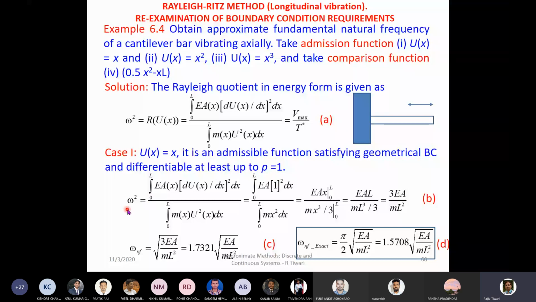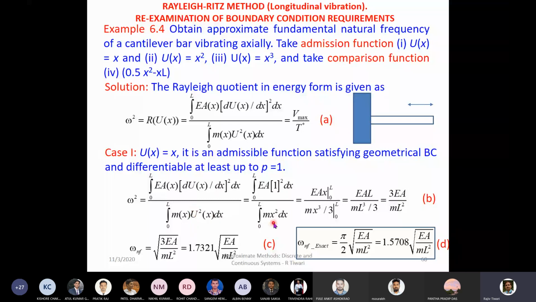I'm just trying to find only the fundamental natural frequency. In the Rayleigh's quotient in the energy form, if we substitute here, because there is a differentiation with respect to x, that will be 1 square of that, and here x square of that will be x square.